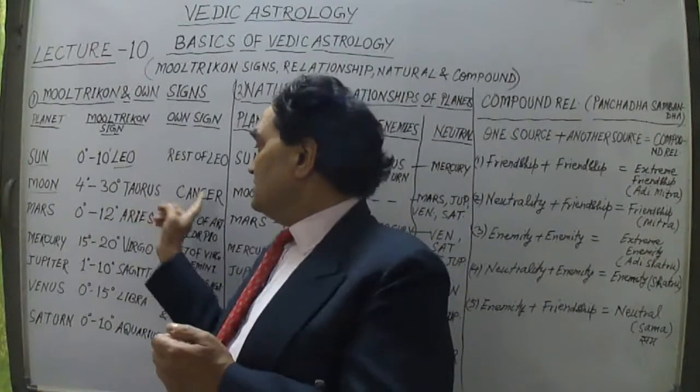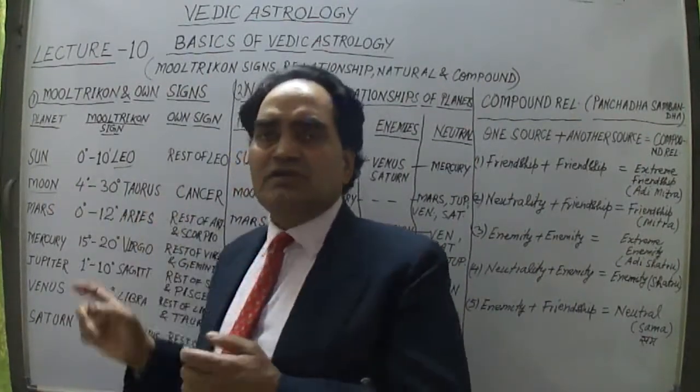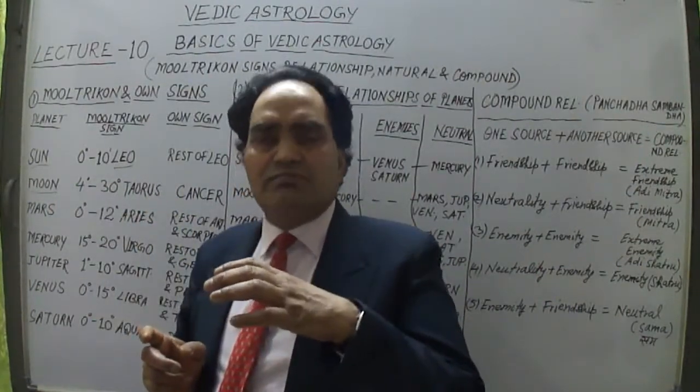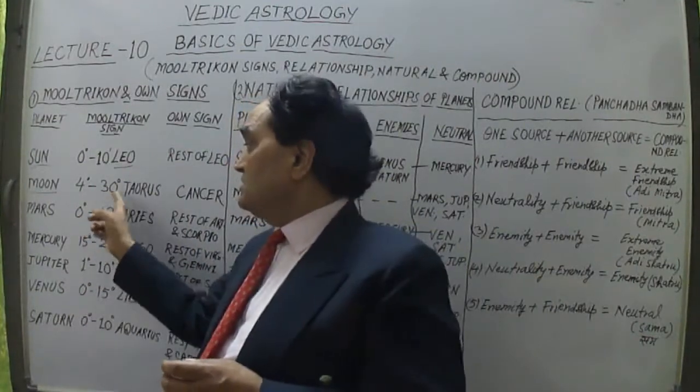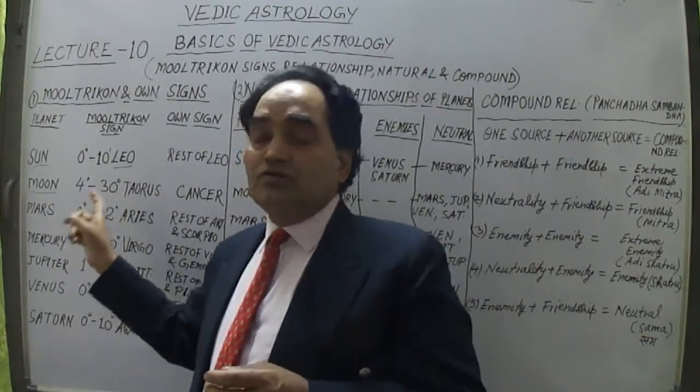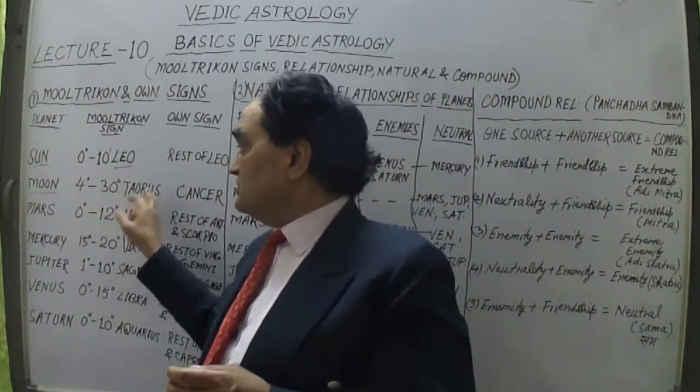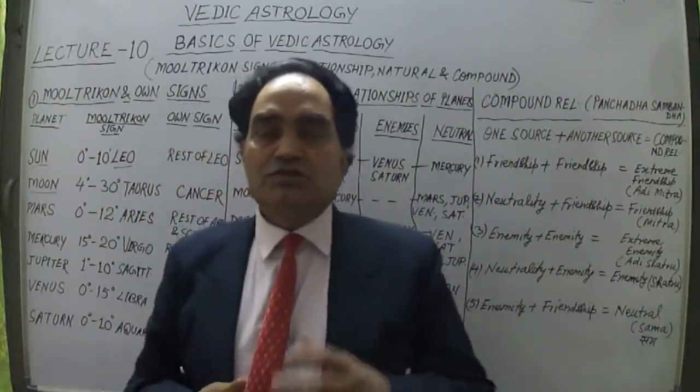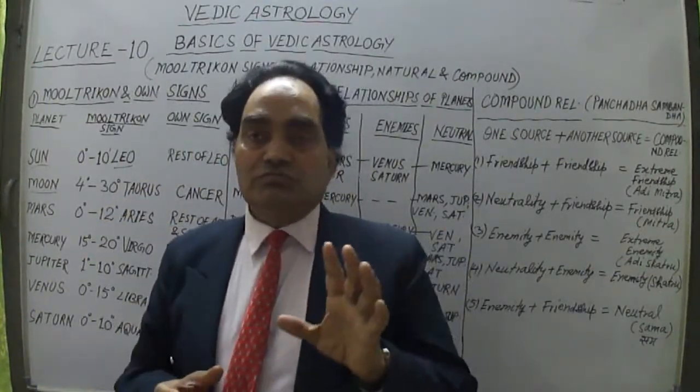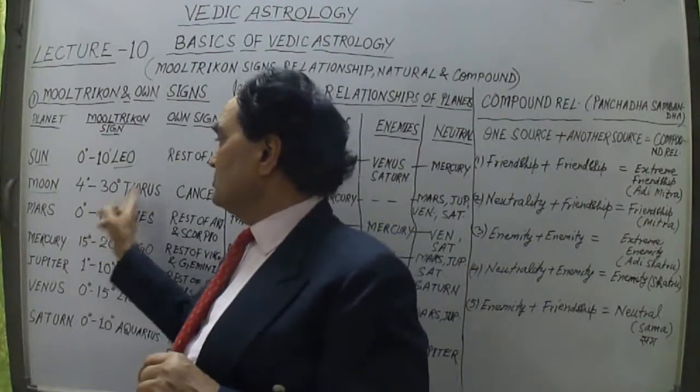The Moon in Cancer does not give results as good as in this space of 4 to 30 degrees in Taurus. Taurus sign is the Mooltrikon sign of the Moon. Note down this point, a very important one.